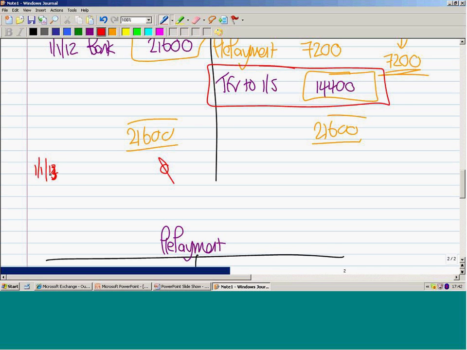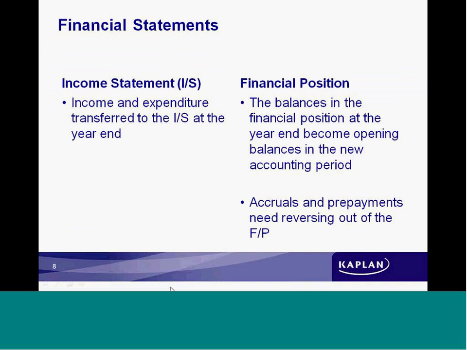Okay. This applies with the financial position. So, with the financial position, what I'm saying here is that the balances in the financial position at the year end become opening balances in the new accounting period.